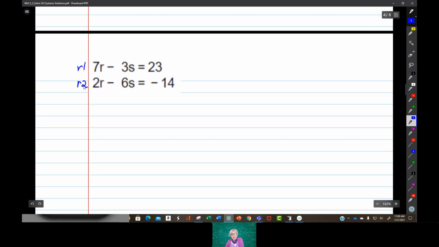And what would happen if I had decided to eliminate the R's first? I just wanted to do it. Nothing is going to stop me. So let's put down that that's what I want to do.